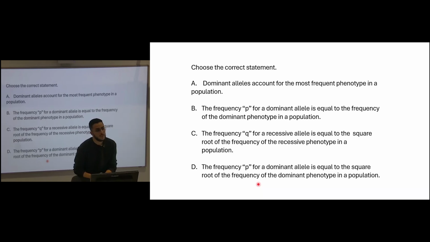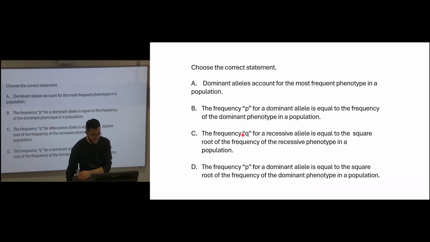Exactly. So you have to think here about not just one phenotype. You have to think about the heterozygous also, which has one of that allele, right? And so P is not really the square root of the frequency for the dominant phenotype, okay?